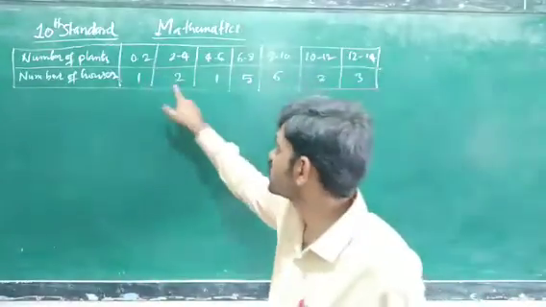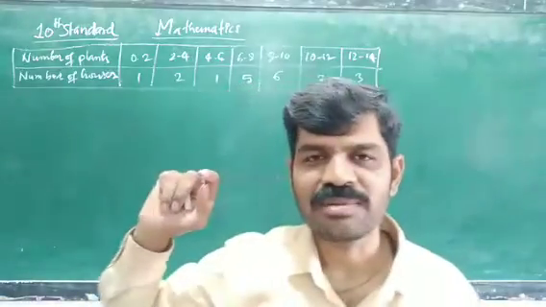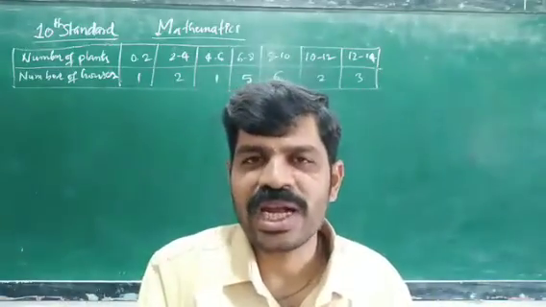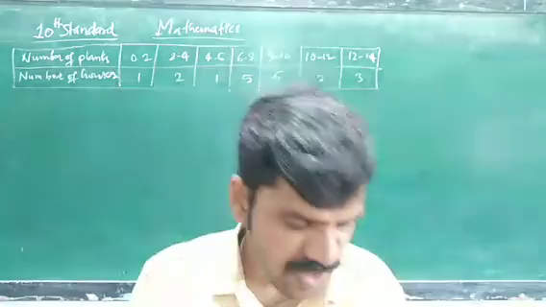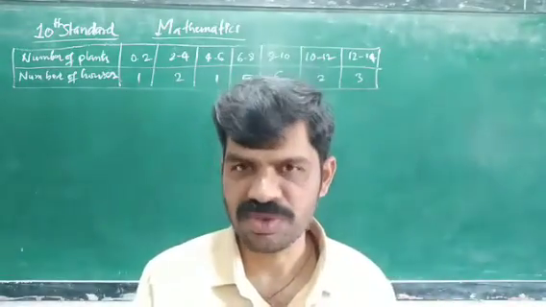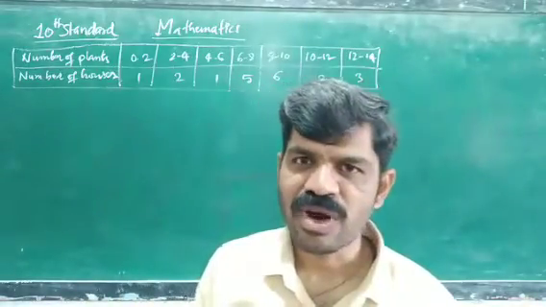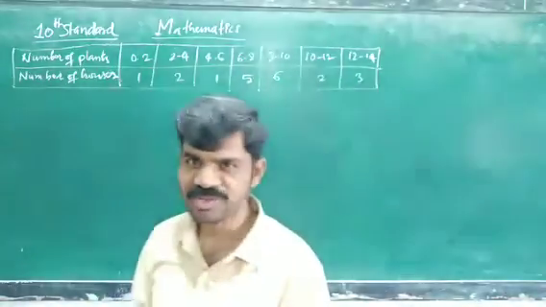Number of houses: 1, 2, 1, 5, 6, 2, 3. Using this grouped data, we have to find the mean. So this is the question, and we are going to answer it.